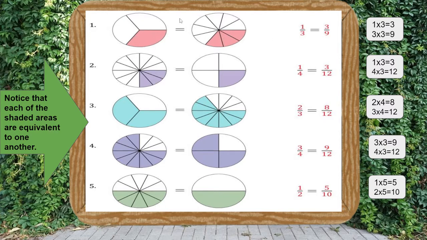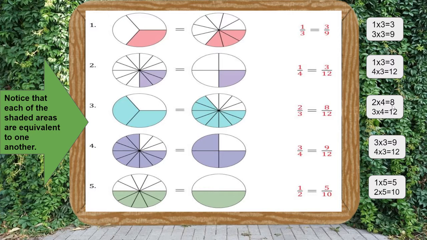1/3 and 3/9 are equivalent to one another because 1 times 3 is 3 and 3 times 3 is 9, making these two fractions equivalent to one another. 1/4 and 3/12 are equivalent to one another because 1 times 3 is 3 and 4 times 3 is 12, making these two fractions, 1/4 and 3/12, equivalent to one another. 2/3 and 8/12.